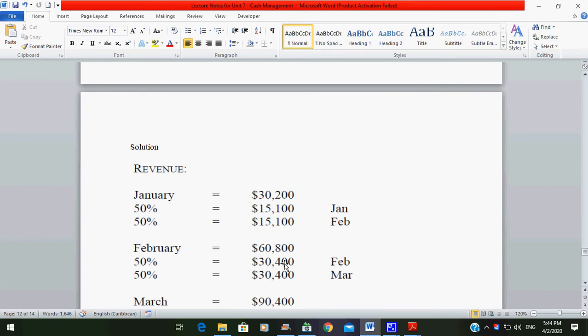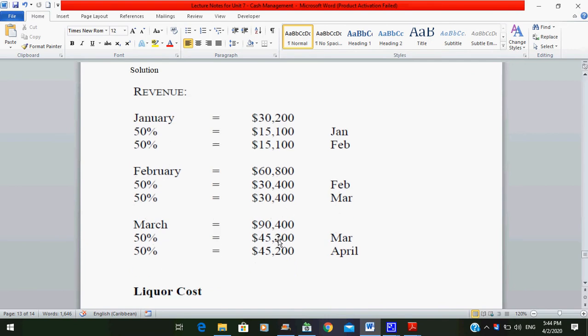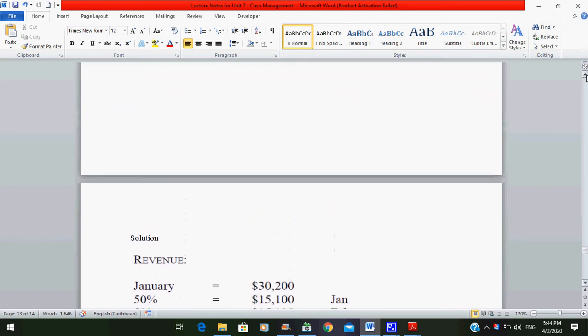So what will happen is that you'll have 30,400 for February plus the amount coming from January, right? Then for March now, 50% of the 90,400, which is the revenue, see it here.